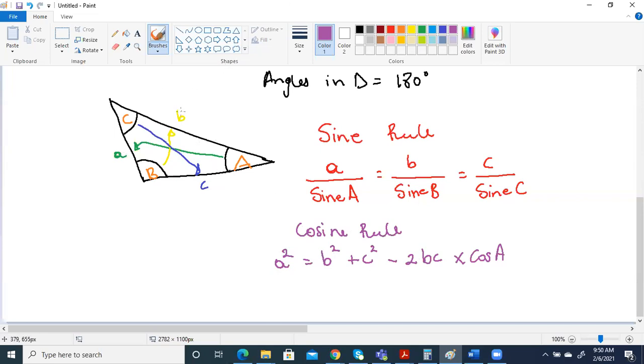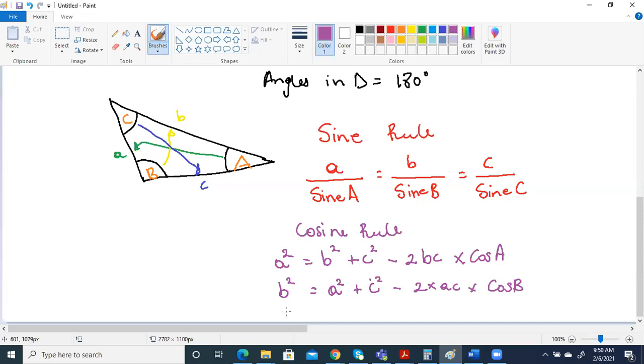But because we have B, C, and A here, I'm just going to rewrite the formula for side B, and all it would be B squared is equal to the sum of the squared of the other sides, which is A and C, minus 2 times the other sides, 2 times AC, and multiplied by cosine B.